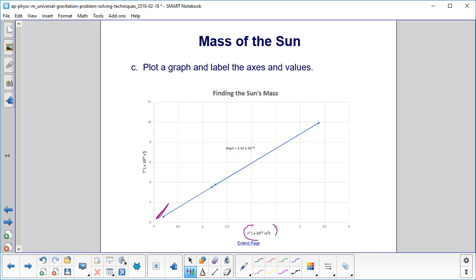You lose credit for that. They want your graph to take up most of the area that they give you. So again, if your graph comes out to be like this, you have to go revisit your values for x and y. You want to take up as much of the graph as you can.